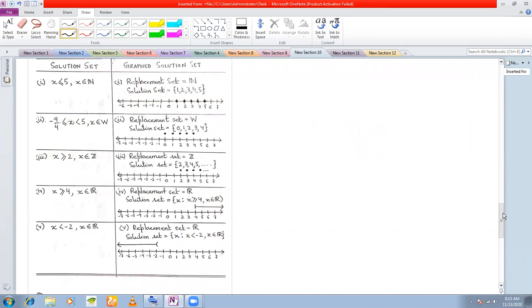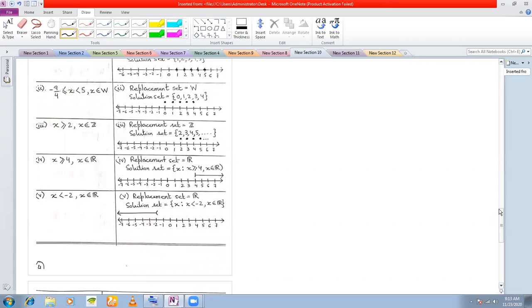Now I'll show you how to graph the solution sets on the number line. When x is a natural number or a whole number or an integer, it is very easy. But what happens when it is a real number? That is now your main concern in class 10, because how to graph the solution set of real numbers I had not discussed back in class 8.